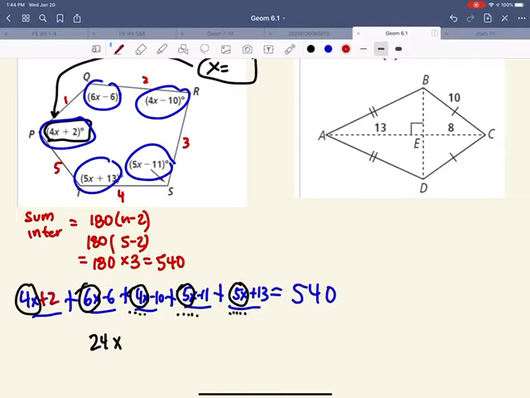Now let's just look at our numbers. So we have 2 minus the 6 minus 10 minus 11 plus 13. All right, I got a total of negative 12, and we know that has to equal 540.